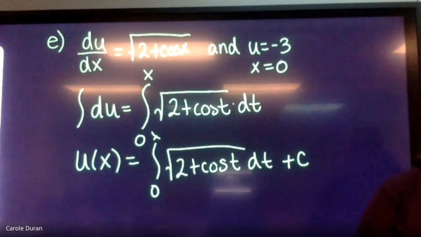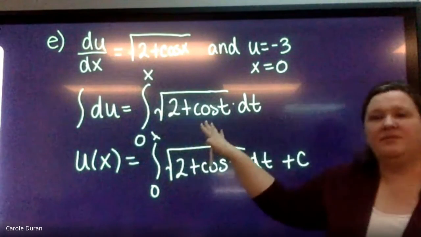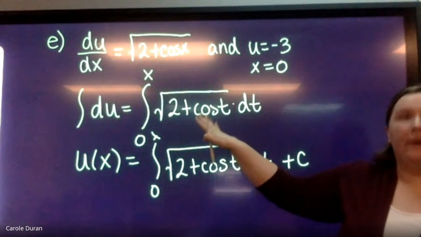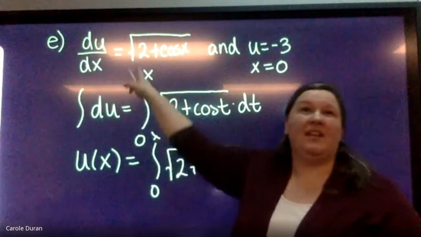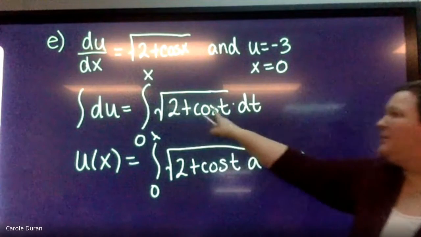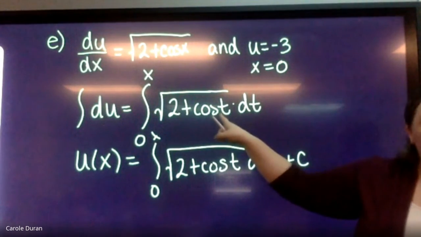So what we did, I took this function, I integrated, I wanted a change of variable. So Euler's method says that since I had a u and an x here, I could make an integral that had a 0 and had my variable x, and I replaced that variable x here with a t. You could have made it an s, you could have made it an e, you could have made it anything.